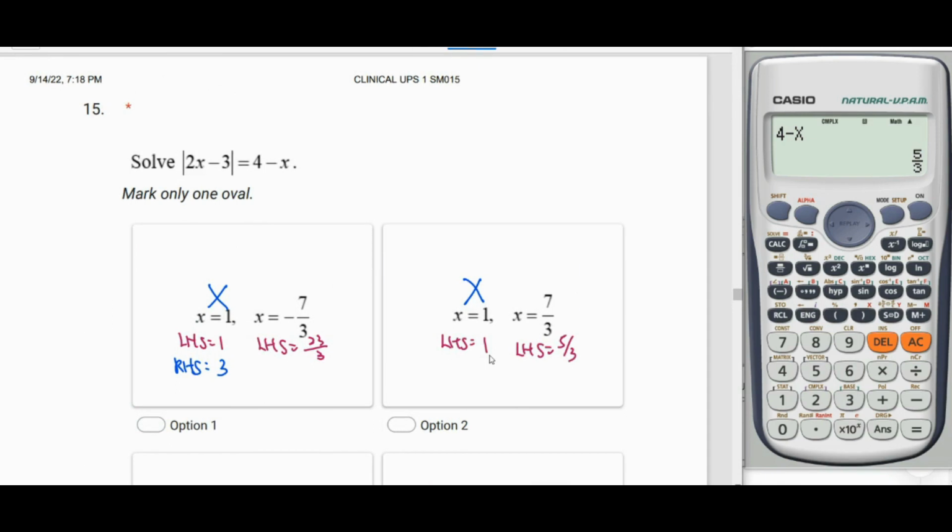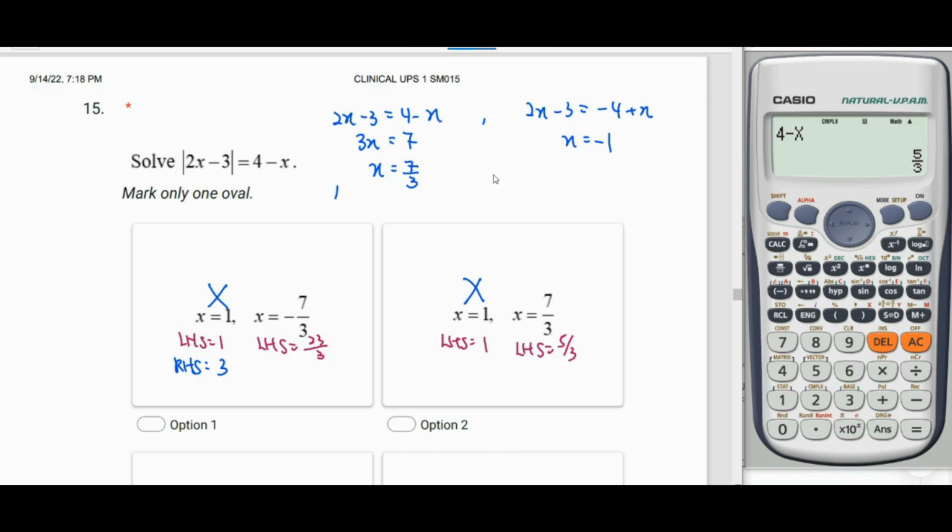If we want to calculate one by one, then we'll have to use the definition for modulus. Open the modulus, one side positive, the other side negative. Put in the negative, then collect x, here will be our 3x plus 3, 7. So x equals 7/3. And this side, minus x, so this one is -1.